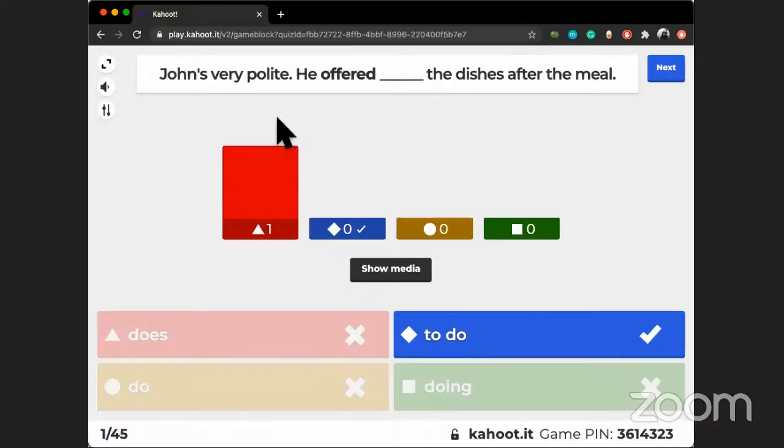He offered to do the dishes after the meal. Excellent. So pay attention in all the exercises. We are going to have the verb marked, so you have to take a look at that part. For example, here we have a verb of offer, or offered. After this verb, there is a certain type of verb that we can put. For example, in this case, to do. We're going to see some examples in a moment.